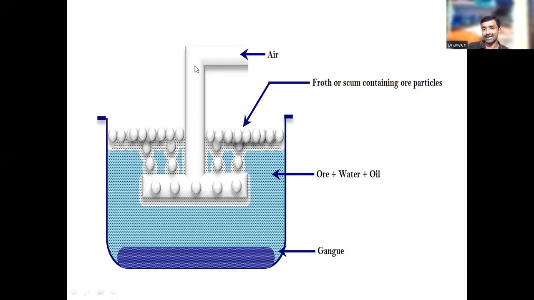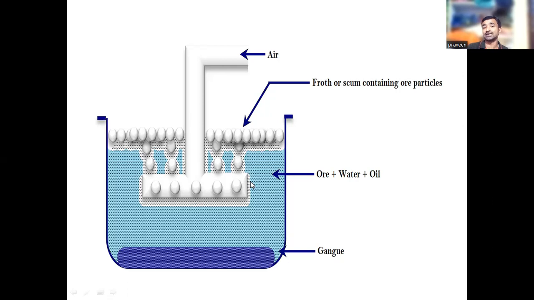In this, I arranged one pipe that can compress air and pump the air into the flotation tank, into the ore, water and oil liquid substance. So with that compressed air, I am trying to create froth.